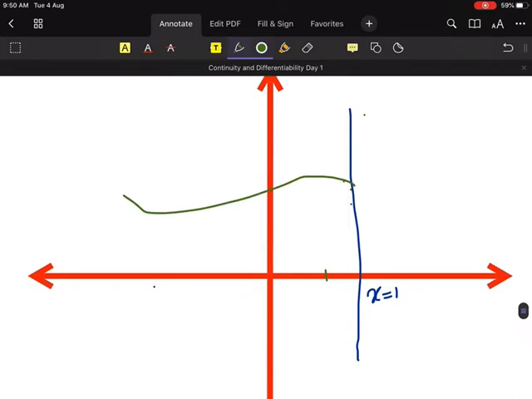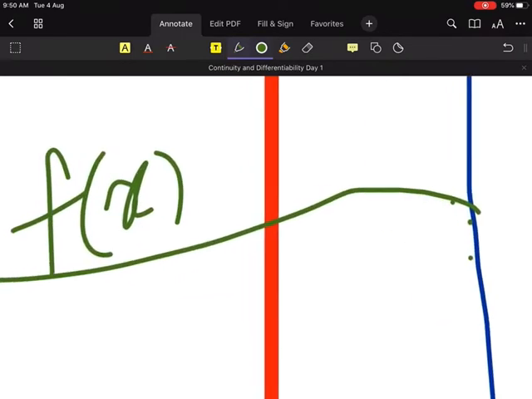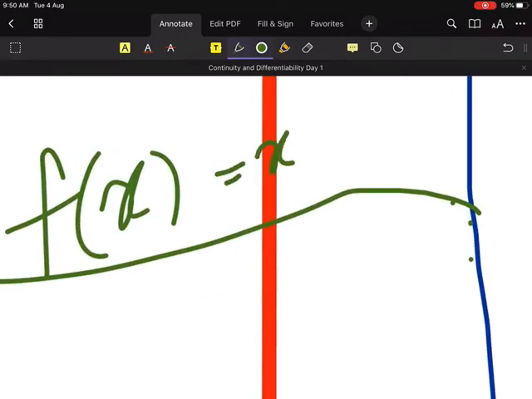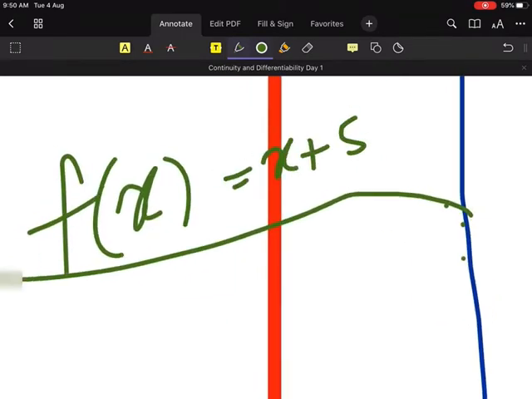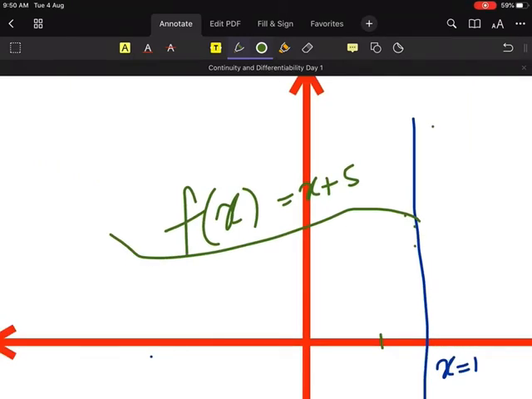So suppose the graph is like this, at x less than or equal to 1. Here this graph is f(x), and that graph is f(x) is equal to x plus 5. Okay, so this is a graph.